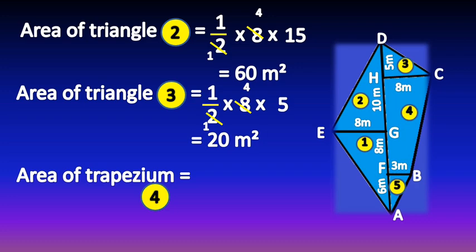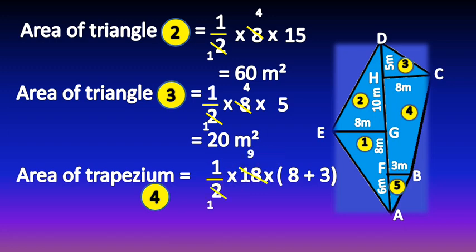Area of the trapezium formula we know: half into h into a plus b. Here height is 8 plus 10, 18 meters, and the parallel sides are a is 8 meters and b is 3 meters. Now let us simplify. 2 ones are 2, 2 nines are 18. 8 plus 3 is equal to 11. So 9 into 11 is 99 meters square. So 99 meters square is the area of this trapezium.